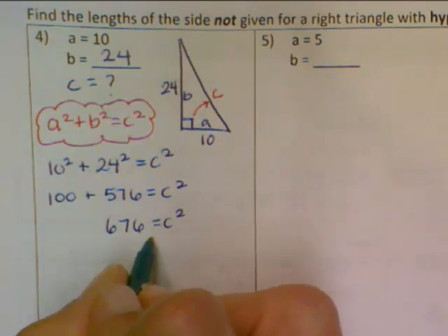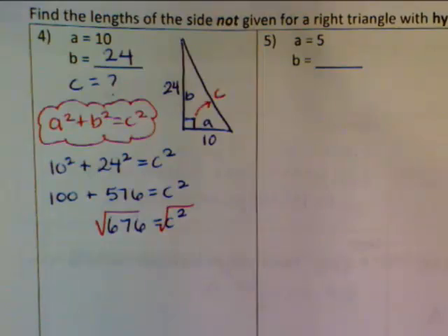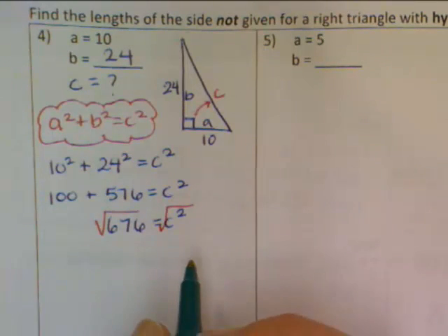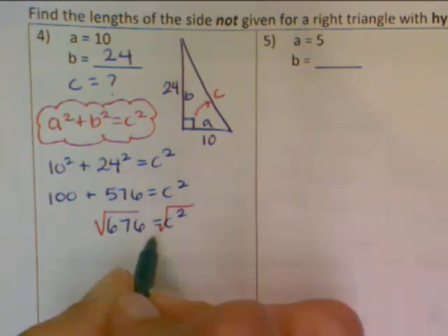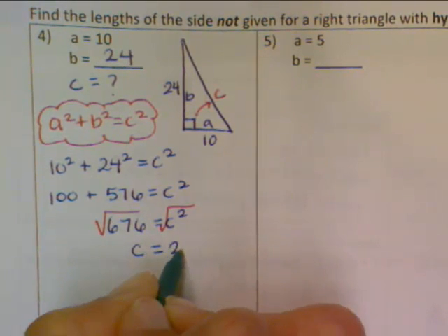And so then you can square root both sides. And we're looking for lengths. So this entire unit, we're just going to be looking at the positive square root. So on your calculator, you can square root 676, and you can find out that C is 26.